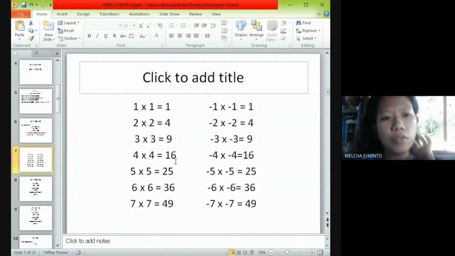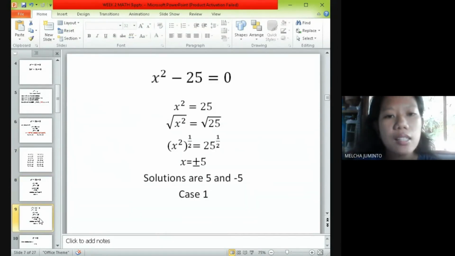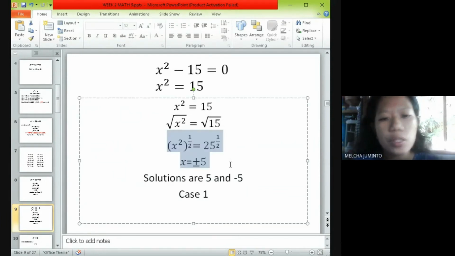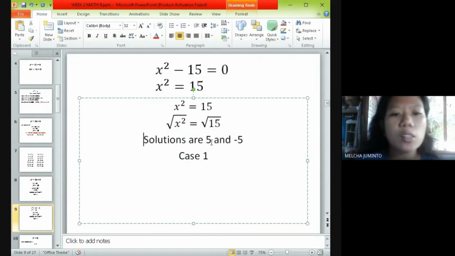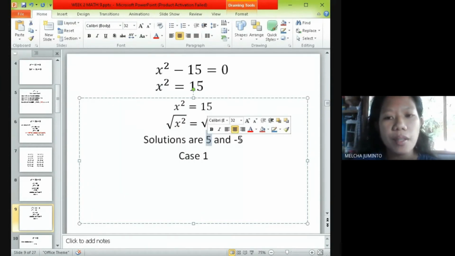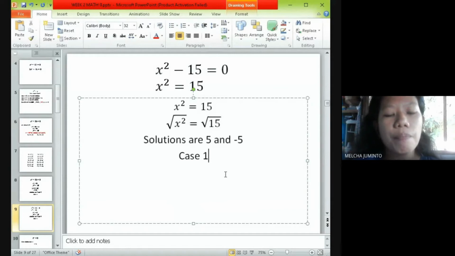Because 15 is not a perfect square, you cannot express it like 5 and negative 5. You can think of two numbers multiplied when the result is 15, which are 5 and 3. But both of them are prime numbers.